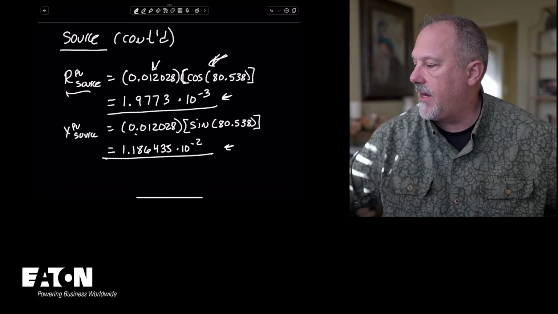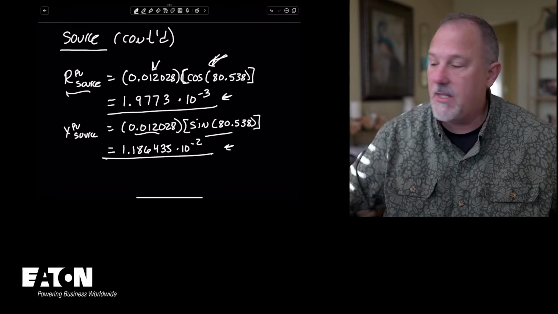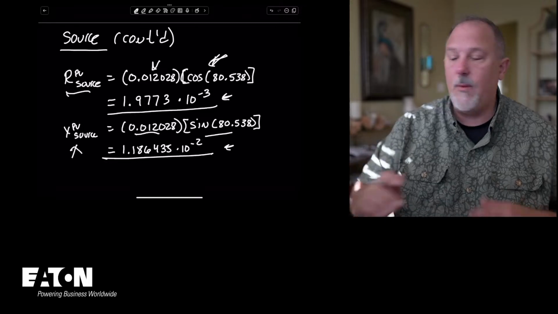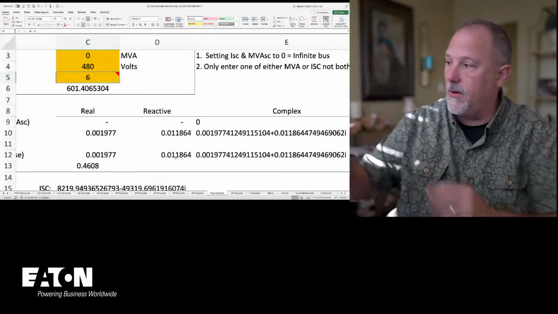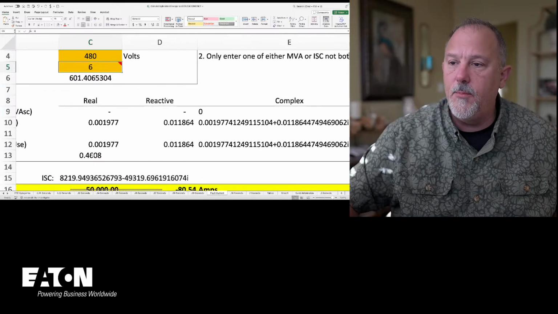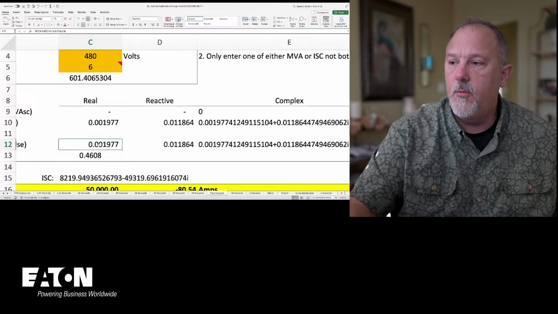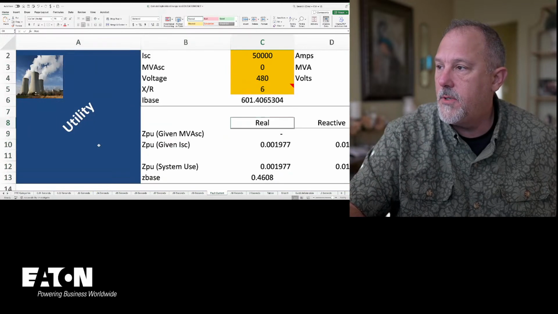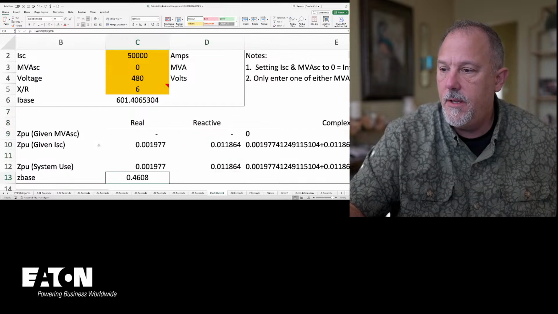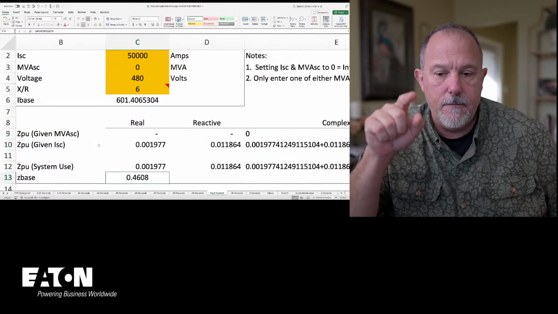We took the magnitude times sine to get X. So we have our R and our X, and that, my friends, is right here. So we are able to see there's our real and reactive. This is our Z base.